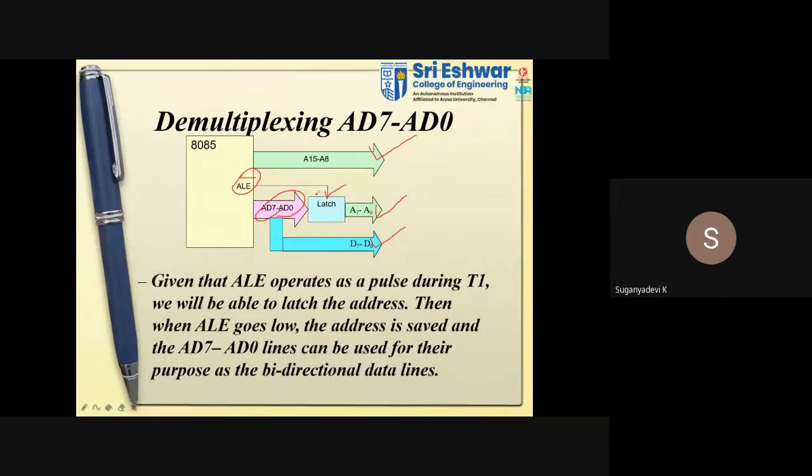This is how we are demultiplexing the address and data from AD0 to AD7. Do you have any doubts so far? You can ask me questions or doubts then and there. No doubts? Shall I proceed?